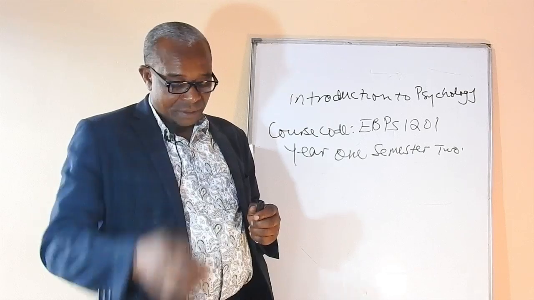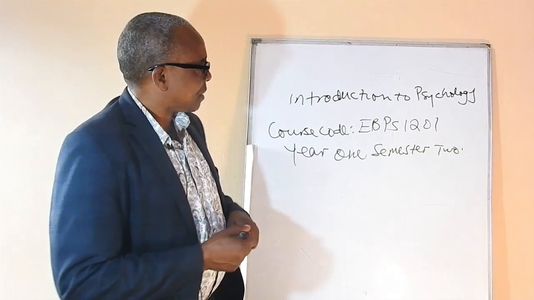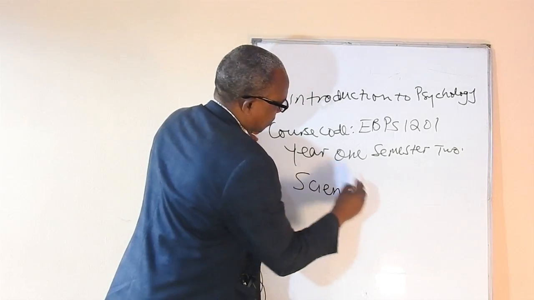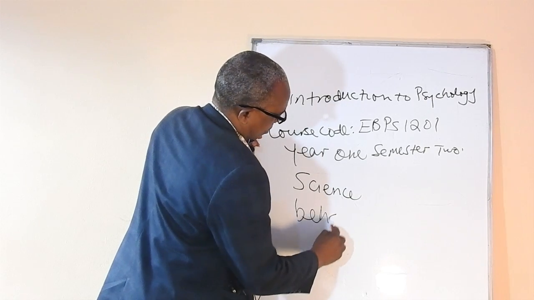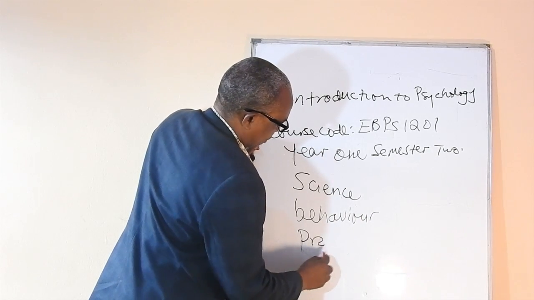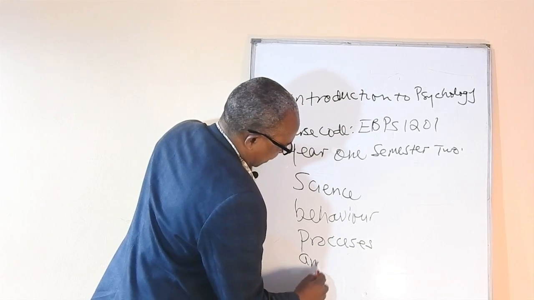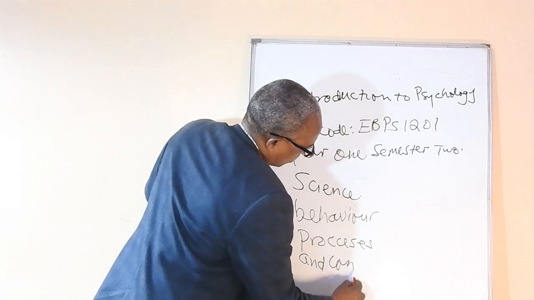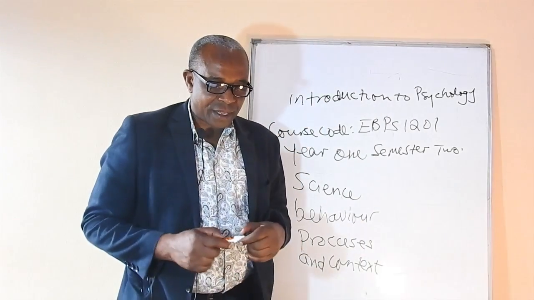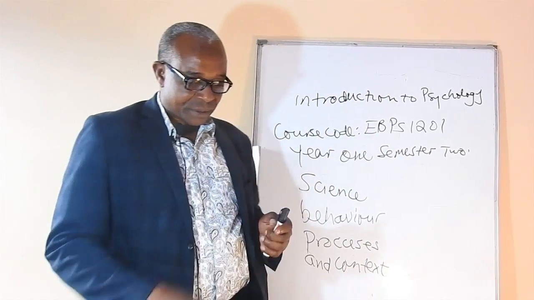In this definition, we find 4 key words: science, behavior, processes, and context. These are the key words which we find in this definition.